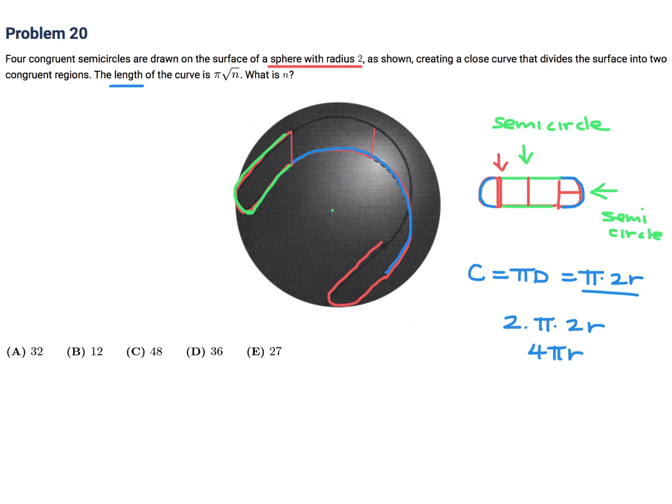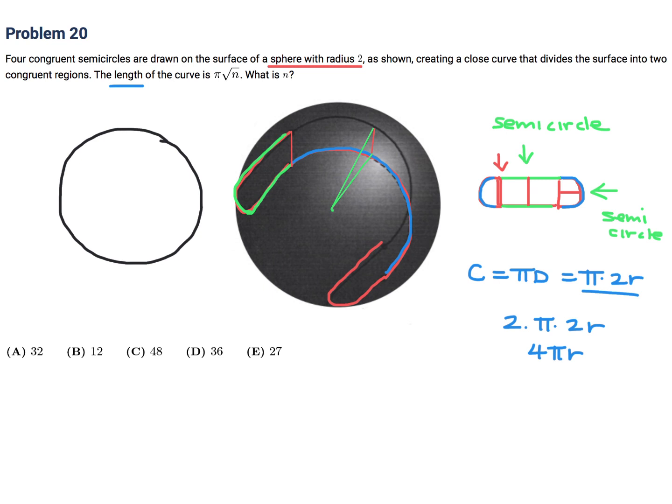Let me just put it in first, and then hopefully it'll make sense once I explain it. So like this. That way and this way. And then now what I'm going to do is put it in a non-3D image. So let me just put it like this.